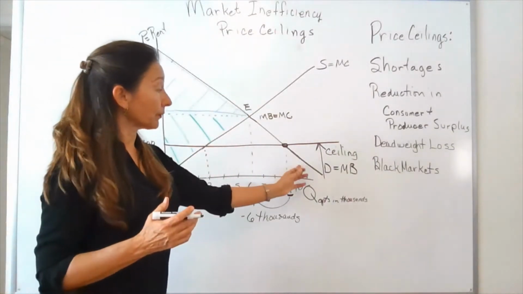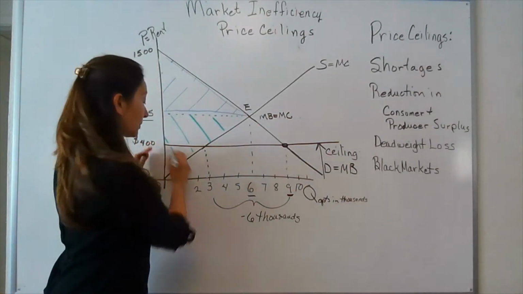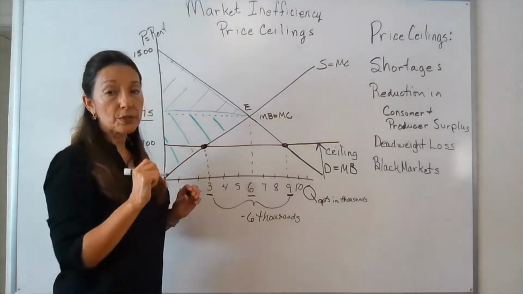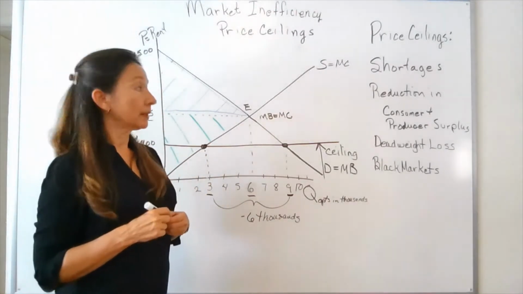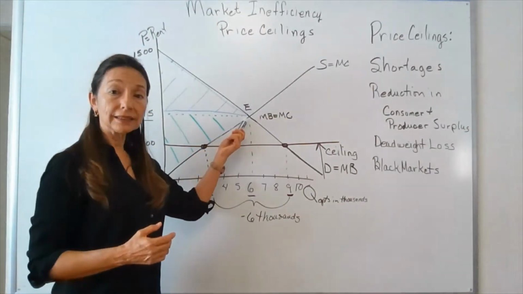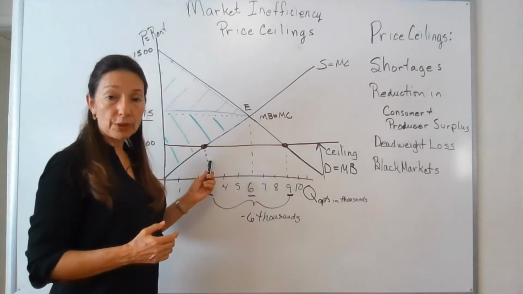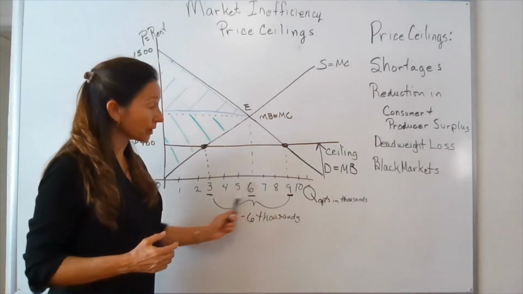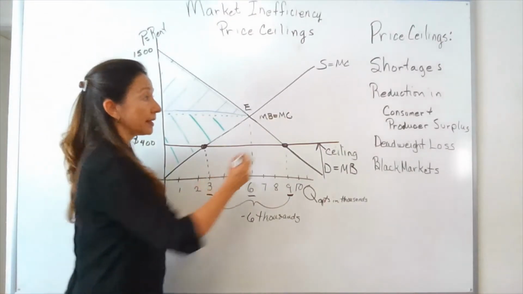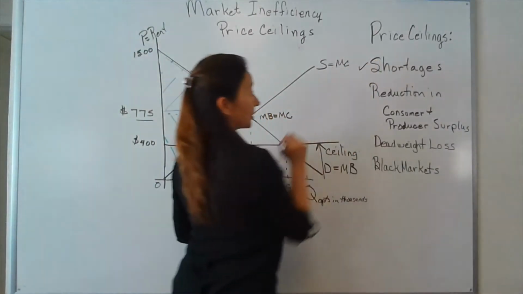That's the demand curve. Now, at $400, only 3,000 apartment units are going to be supplied into the market. Again, why? Because the landlords can't cover their costs at this low price. So this creates a shortage. So the first inefficiency created by a price ceiling is what we call a shortage.